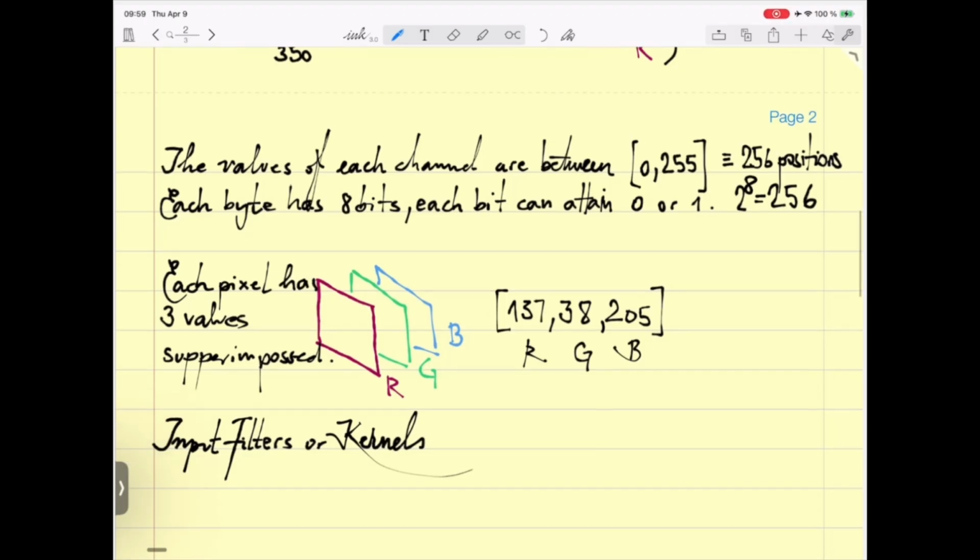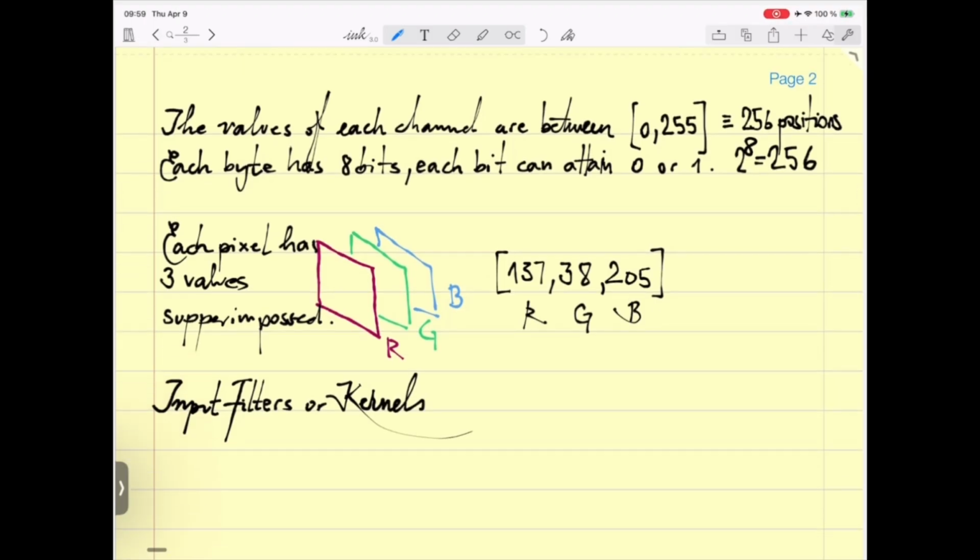Okay, so kernels may have many shapes and sizes.